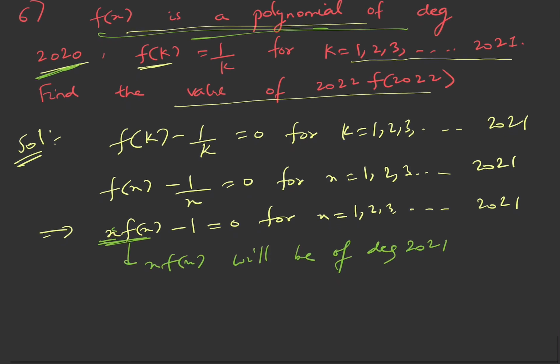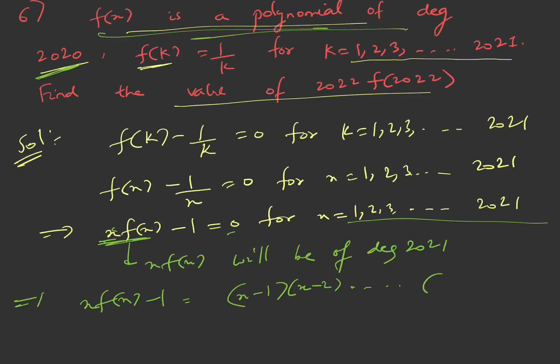Since this is 0 for 1, 2, 3 up to 2021, x minus 1, x minus 2, and so on up to x minus 2021 are factors of this new polynomial.